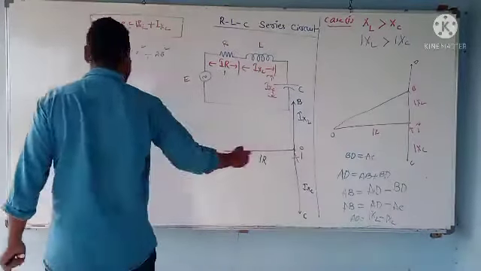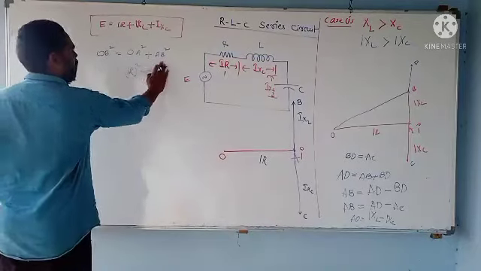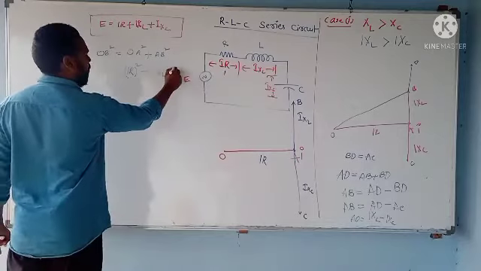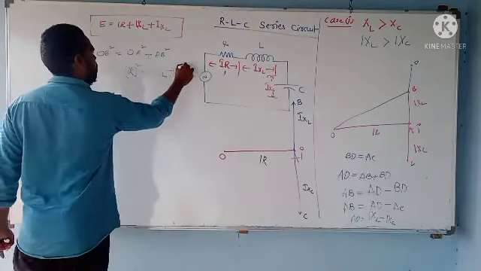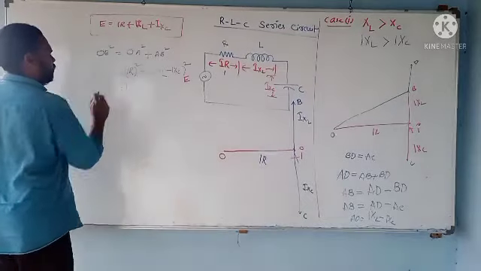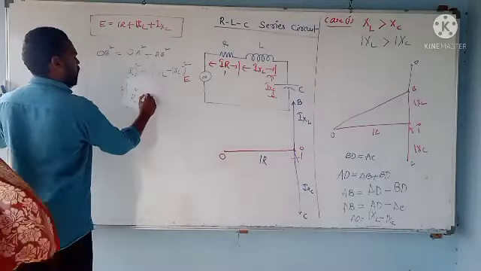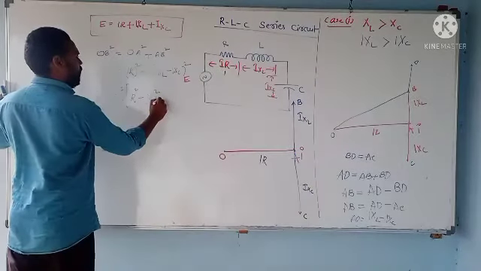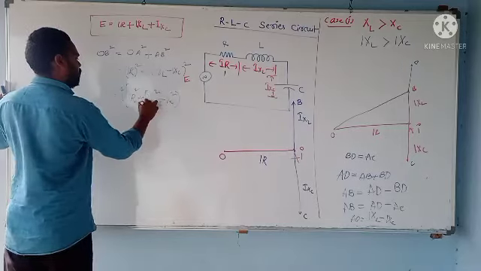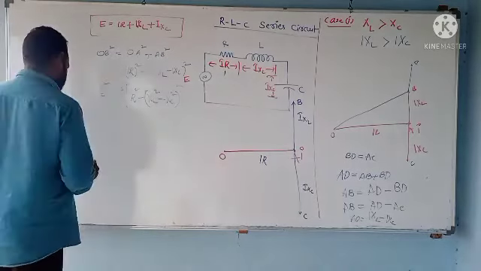So OA is nothing but IR square, and the AB term that I extracted is IXL minus IXC square. Now from this, I square times R square plus XL minus XC square is equal to E square.